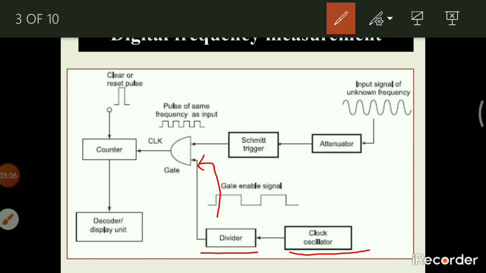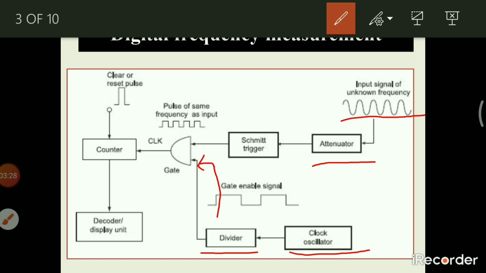Now, the second input of the AND gate is the input signal of unknown frequency. Now we know that this is a sinusoidal signal of unknown frequency. It is connected to the attenuator block. What is meant by attenuator?